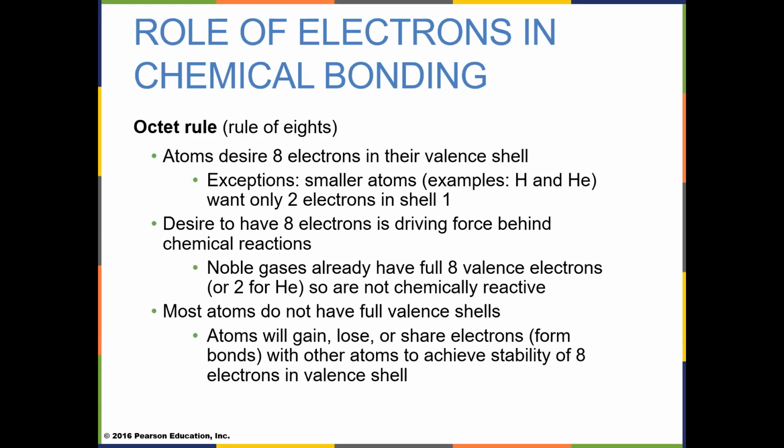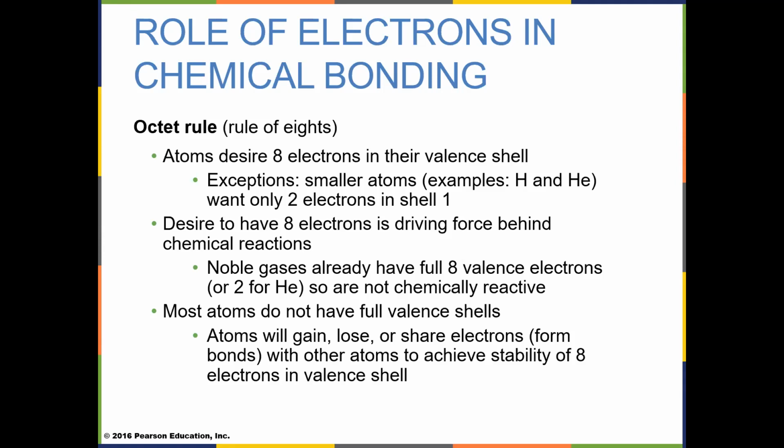Whatever shell is the valence shell of an atom, the atom wants to have that shell filled. Now, the valence shell for hydrogen and helium is the very first shell. This is the exception to the rule. It can only hold 2 electrons. Hydrogen has 1 proton and 1 electron in its first shell, which is also its valence shell.